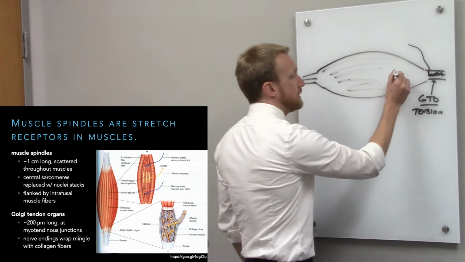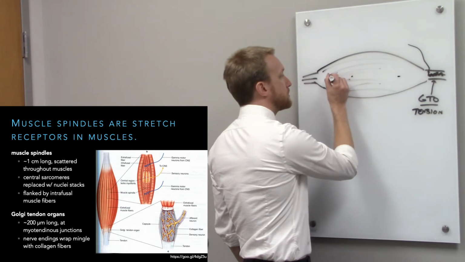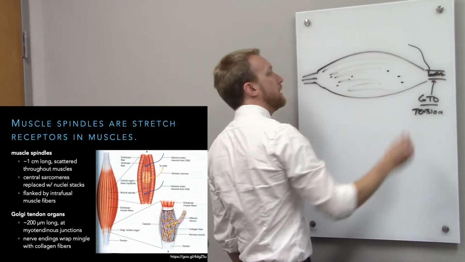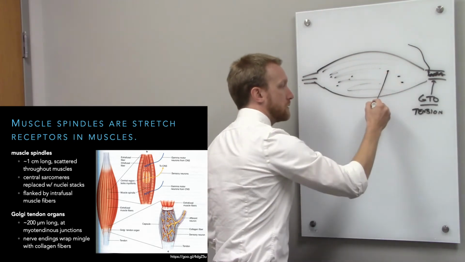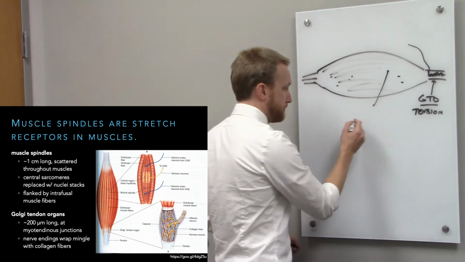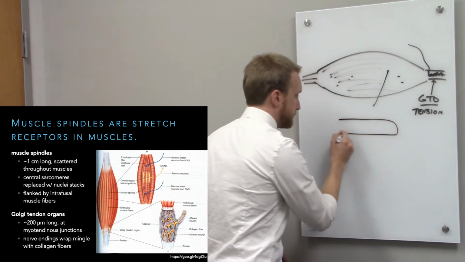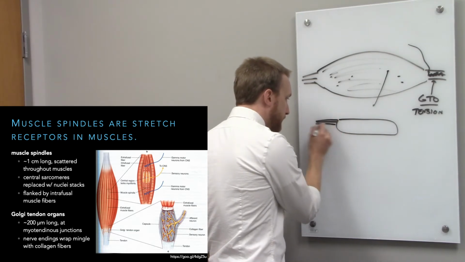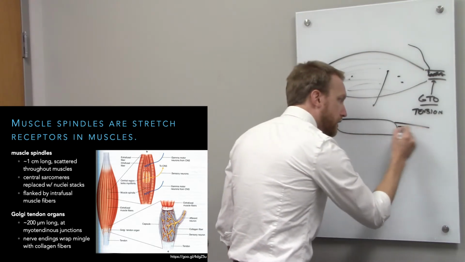Within the muscle, we have little muscle spindles scattered throughout, and these are fairly small. So why don't we blow it up a little bit? There's kind of a central sensory portion. And then there are little tiny muscle fibers on each end.